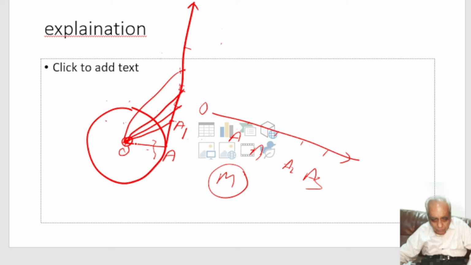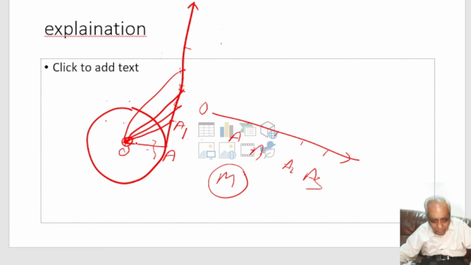Suppose in 1 second the stone goes from A to A1, then A1 to A2, A2 to A3, after every 1 second. Because the speed of both was the same, this person also reaches this position after 1 second. So to him the stone appears again in front of him, but at a slightly larger distance. After another second, the stone moves further, and to this person it will appear to have traveled a longer distance.